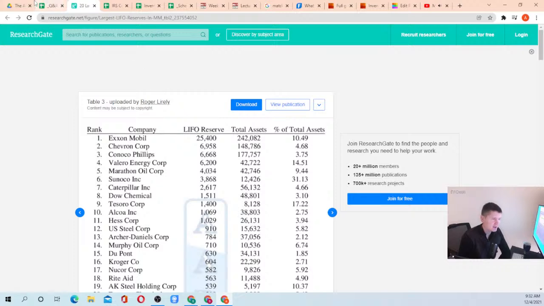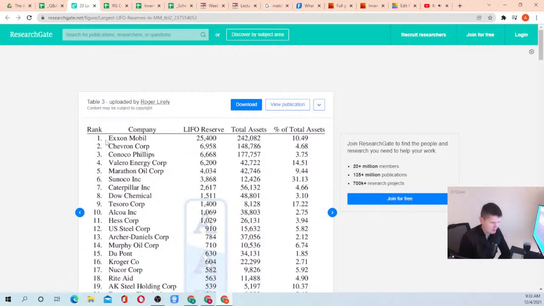So basically companies use the LIFO method to save on taxes, to increase their cost in the current period and to keep their inventory at the lowest value. And there is such a thing as LIFO reserve, which is the difference between FIFO valuation and LIFO valuation.